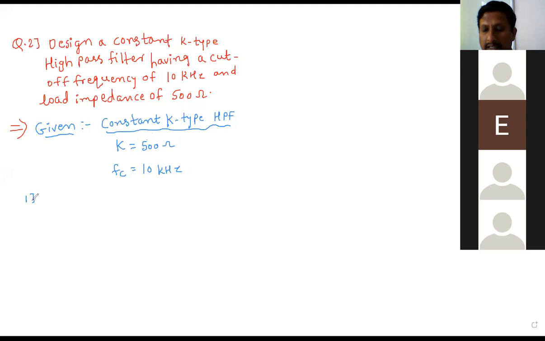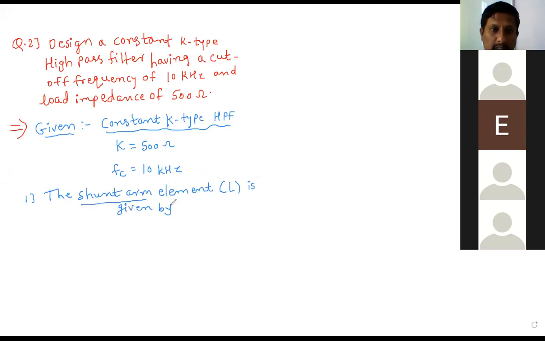So first of all, we can start to find out the value of shunt arm, that is the L value. The shunt arm element L is given by L is equal to, anyone can tell formula now? K upon 4 pi FC.